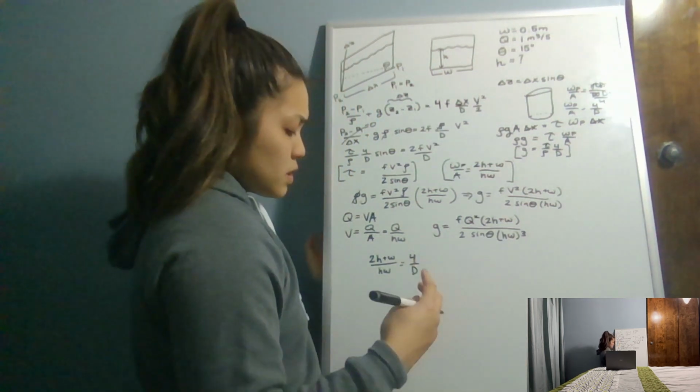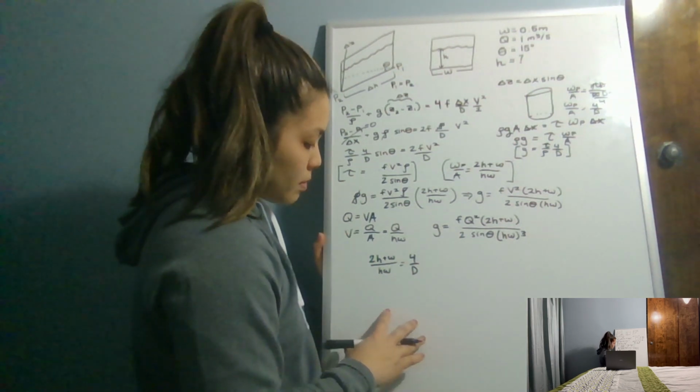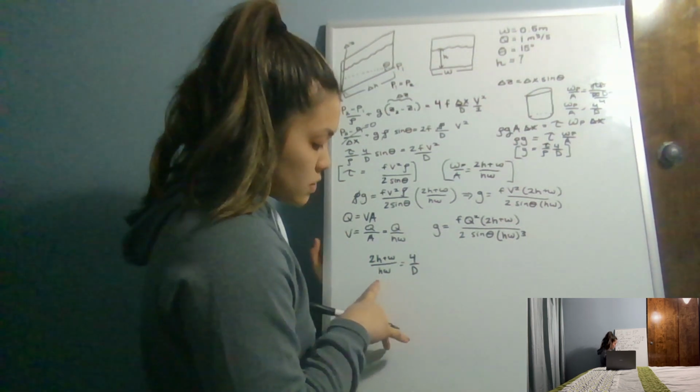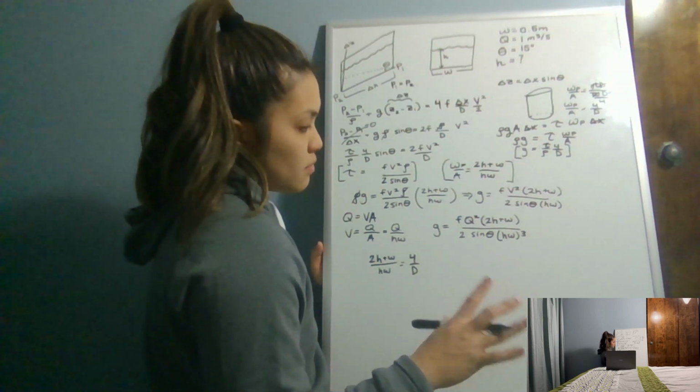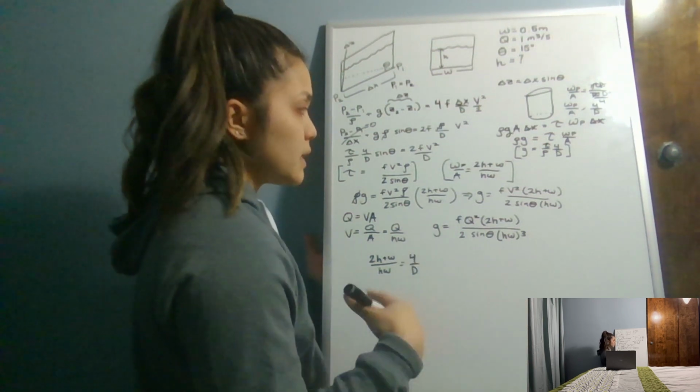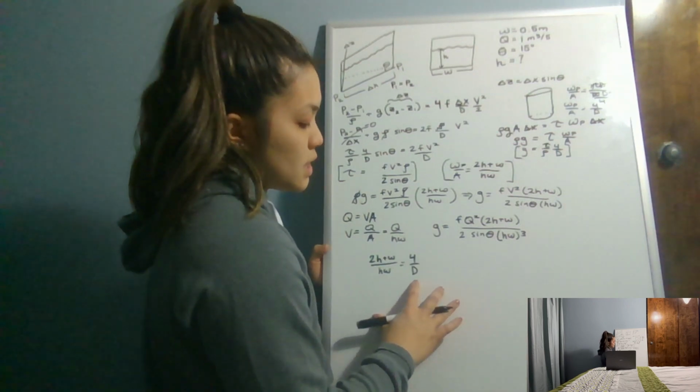And again, the reason we're doing this, I don't know if I clearly explained it a second ago, is because we're trying to find the height. We don't have the height, so we need to isolate it, and when we put it into the code, we'll actually put in the diameter.